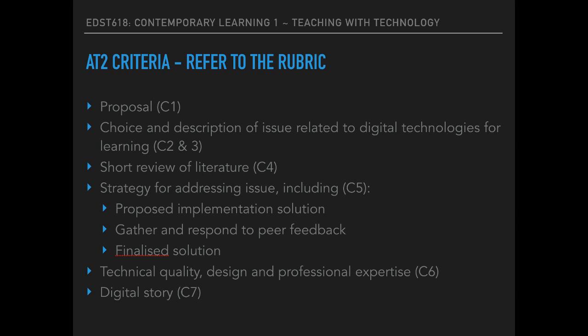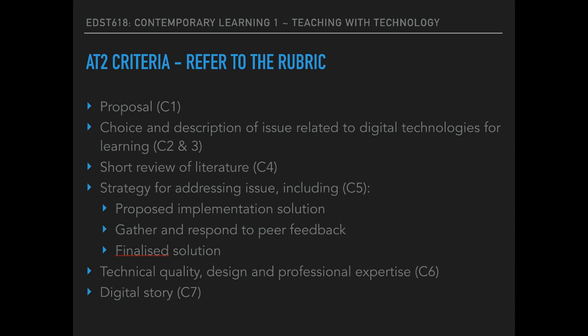So we start off with the proposal, then we've got a more in-depth description of the issue at hand. Then you've got the literature that supports the identification of that particular issue. And then you develop your strategy for addressing the issue.